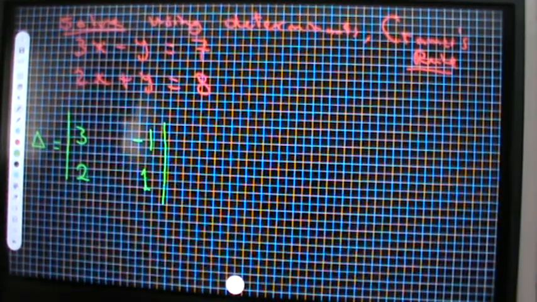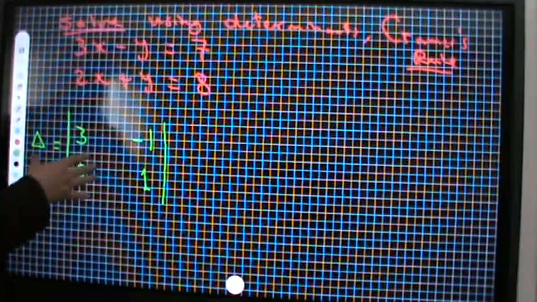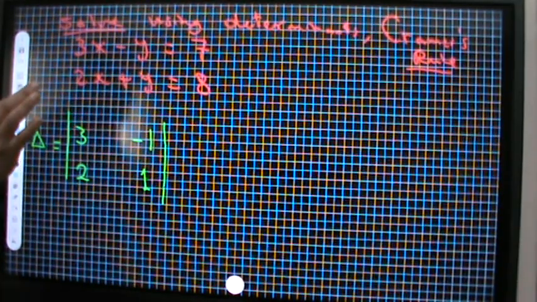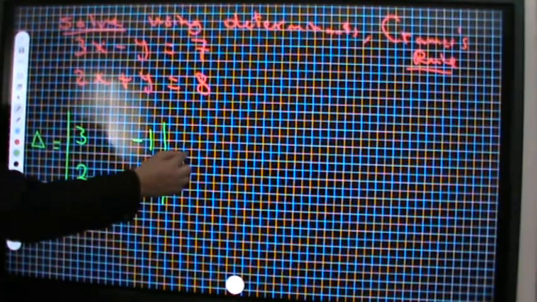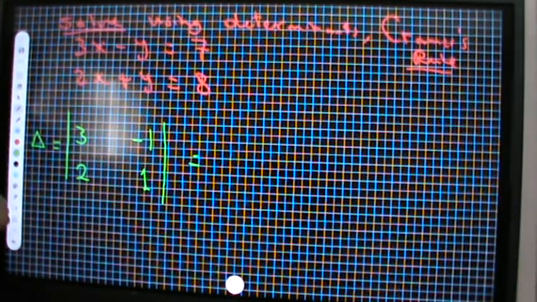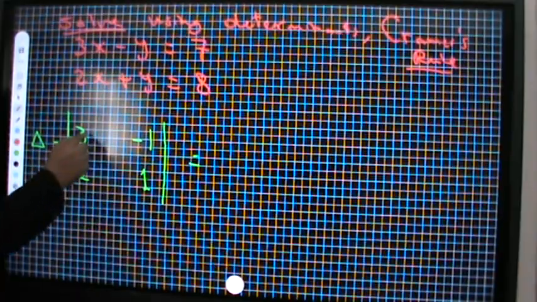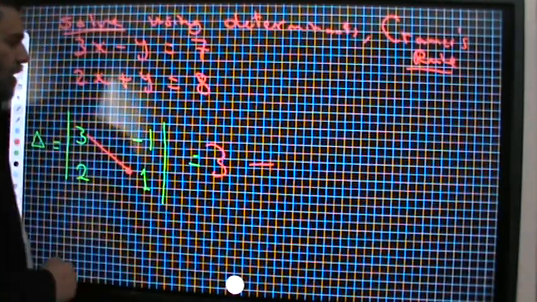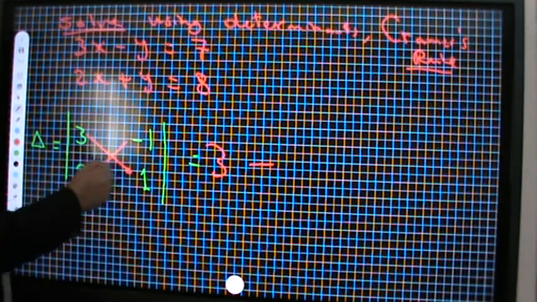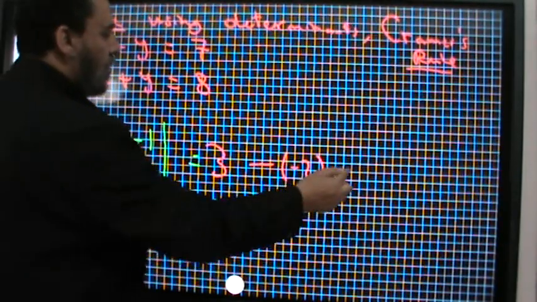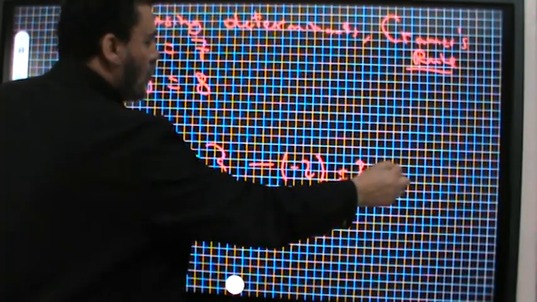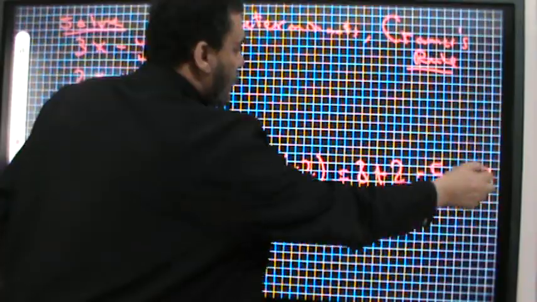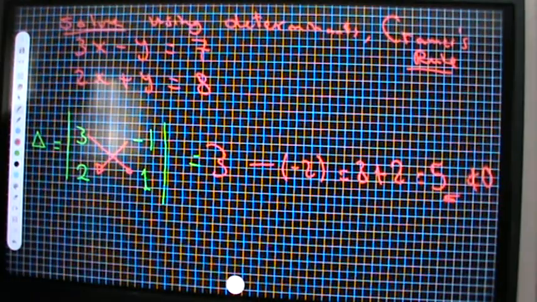To solve by using this rule, the determinant of the coefficients must be not equal to 0 to get the solution. Then evaluate this one, multiply the principal diagonal. 3 times 1, it will be 3, minus -1 times 2, it will be -2. It will be 3 plus 2, which is 5. And here 5 is not equal to 0. Then you can complete.